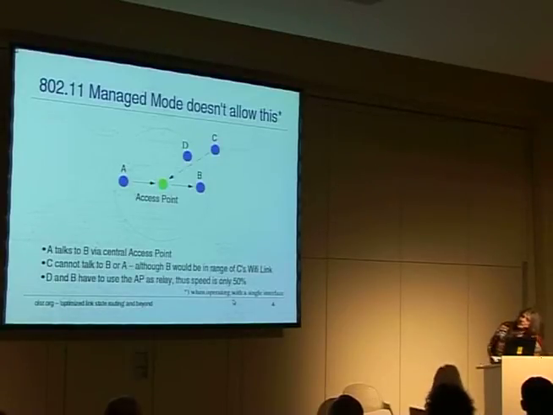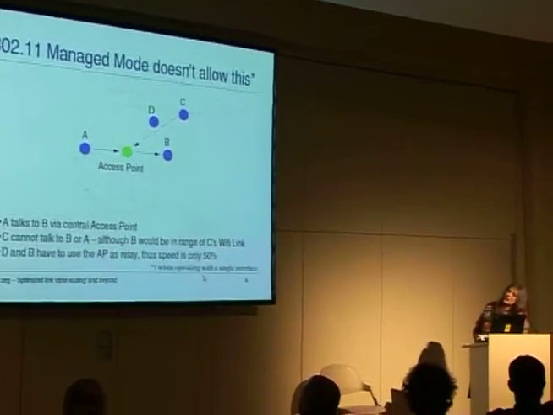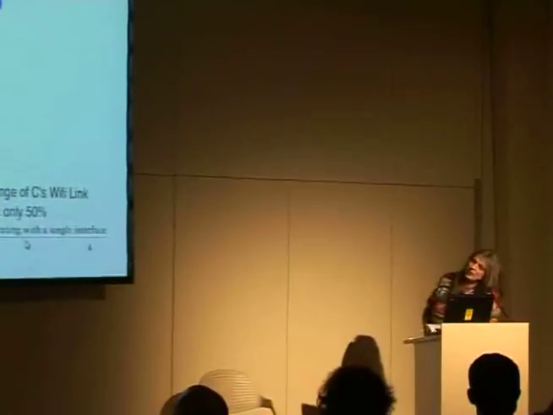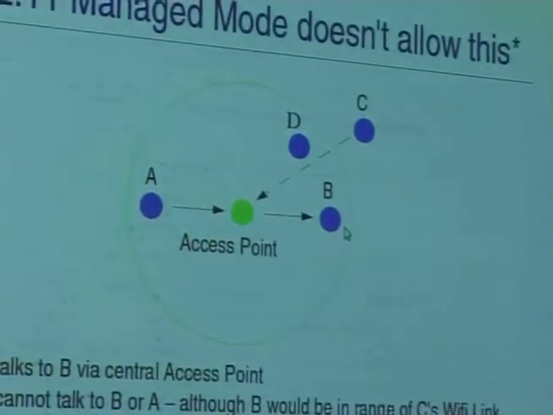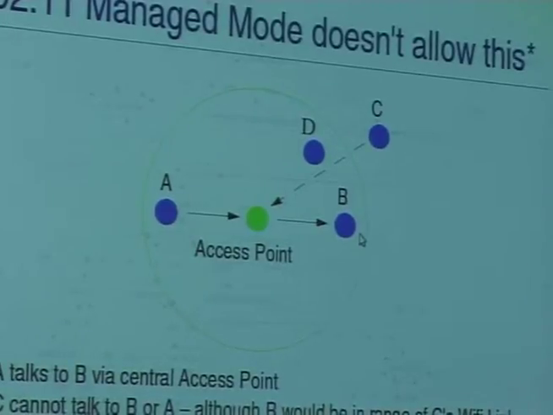In fact, if you use an access point not just as a resource for connecting to the World Wide Web or to a file server that is connected via the Ethernet to the access point, you have significant loss in speed if clients of the access point speak to each other. On that slide, if A and B communicate, well, the access point is quite fortunately located in the middle, so it can extend the range of those wireless cards.